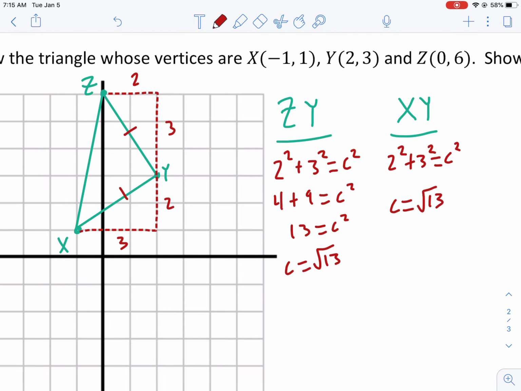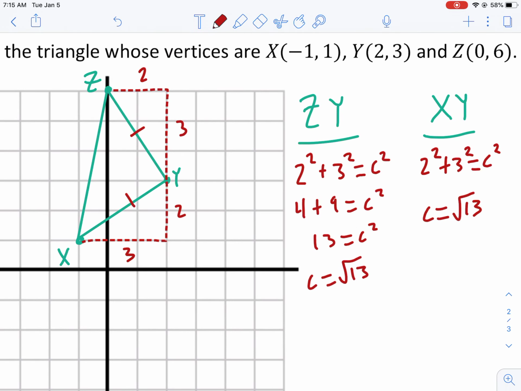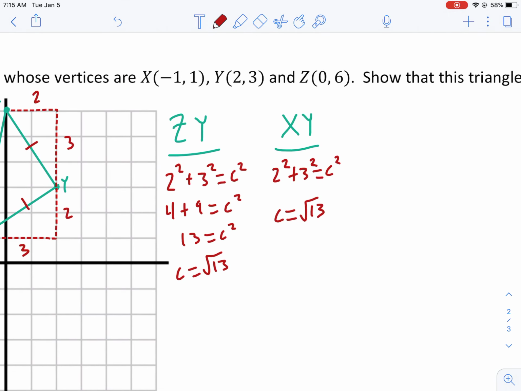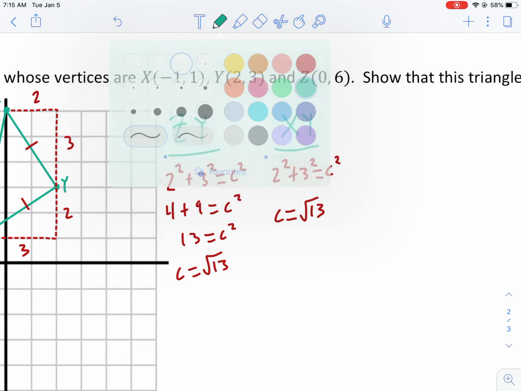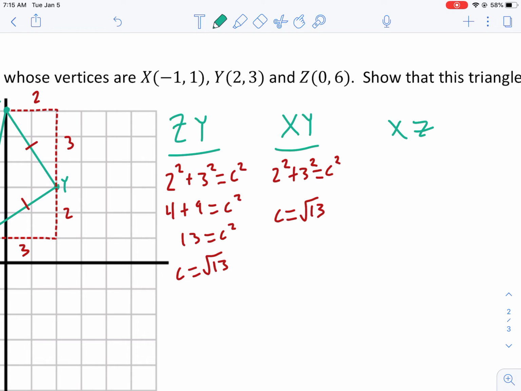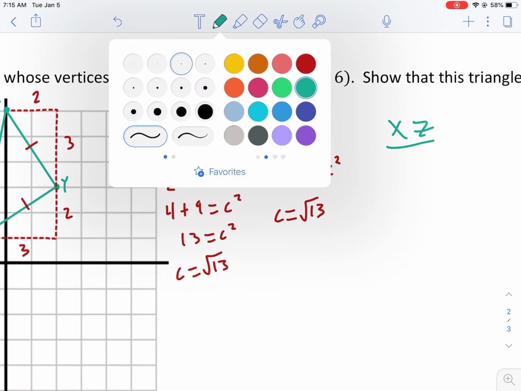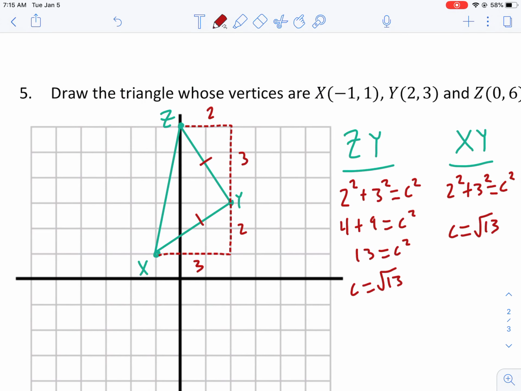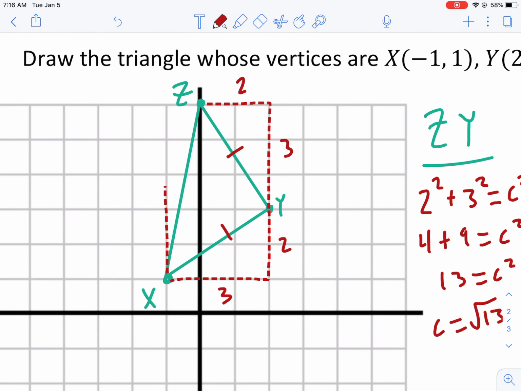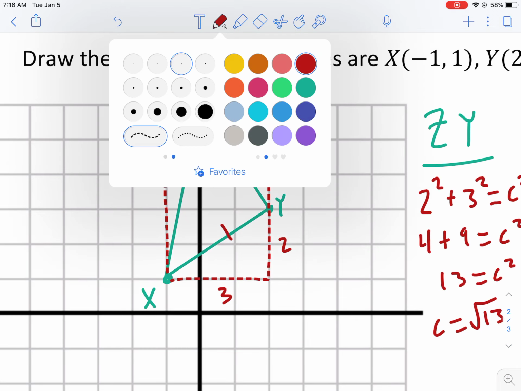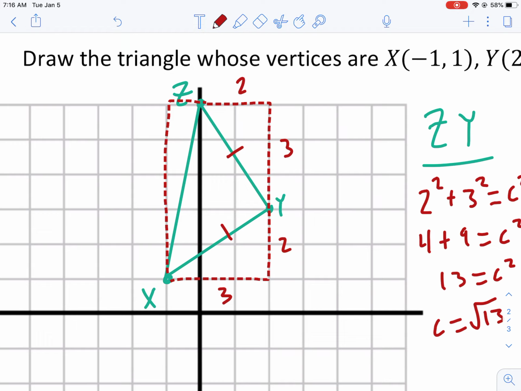Now the question to show it's isosceles, we have to show, is XZ congruent? And so we can do that as well. Now you should be able to realize here, 1, 2, 3. So this one we went up 5 and over 1.